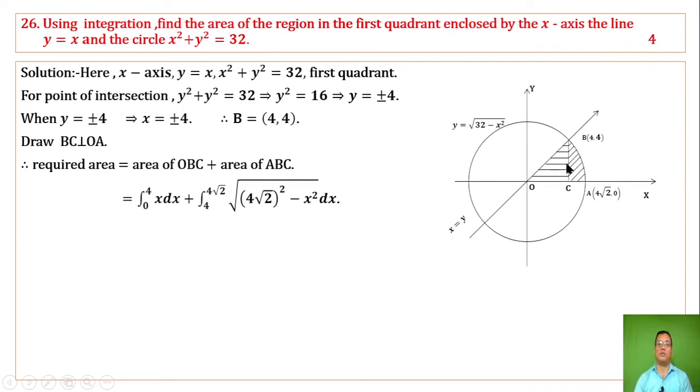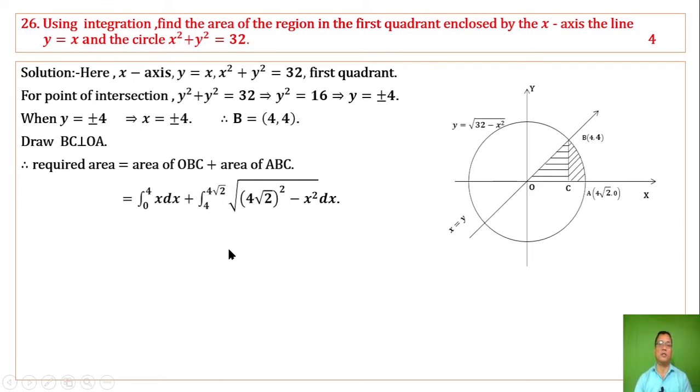For the area of OBC, the line y equal to x goes from x value 0 to 4. For the circle, x goes from x equal to 4 to 4 root 2.